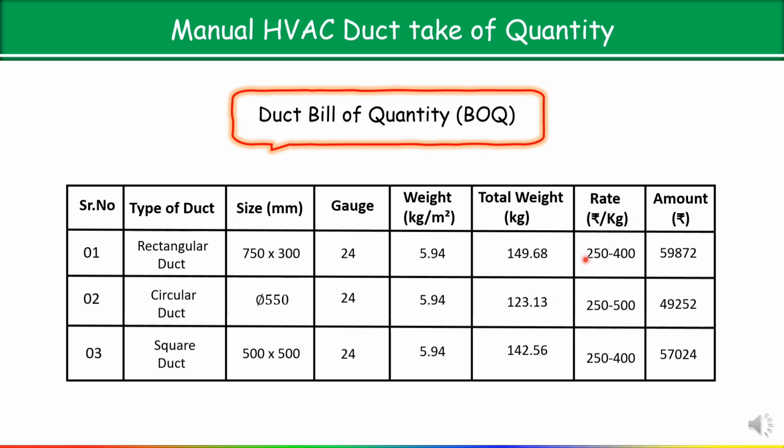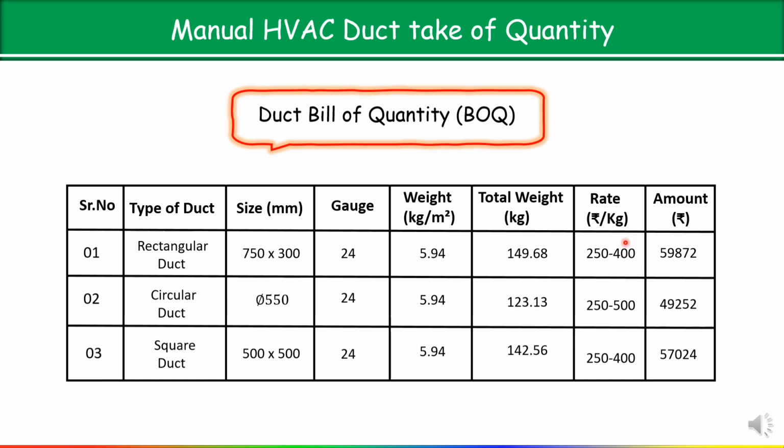Suppose, I am talking about galvanized iron duct. If you go in the market for rectangular duct, see, the rupees per kg, I am just talking about the Indian rate. Rectangular duct of GI material, you will get the price between 250 to 400 rupees per kg.